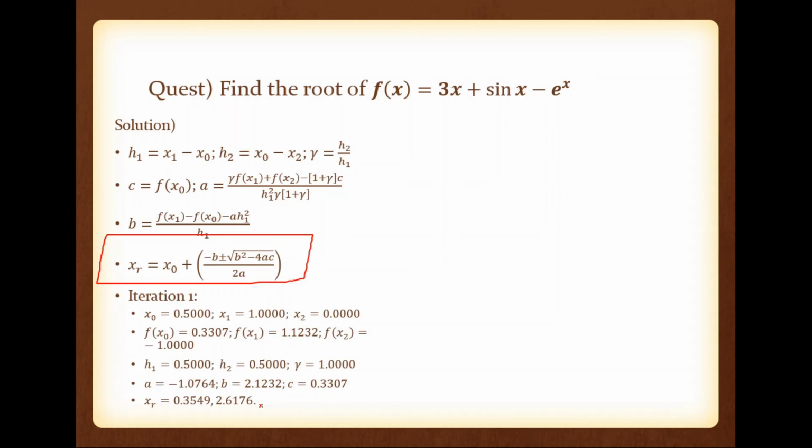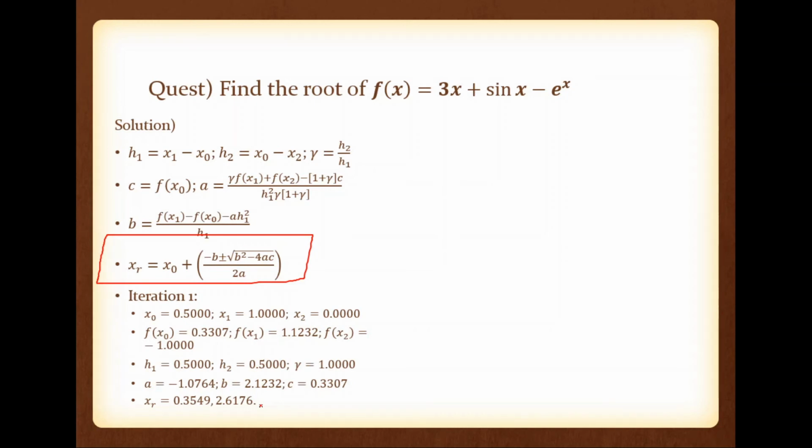Out of these two values, 0.3549 is very close to x0, means it may be very close to the actual root also. So we can select 0.3549. But that one is not a good practice. Actually, you have to find the functional value at these two points. And the magnitude of the smallest functional value, that we have to select. So here, if you substitute 0.3549, it will give a small f of x value compared to f of 2.6176. So that one is a good practice.